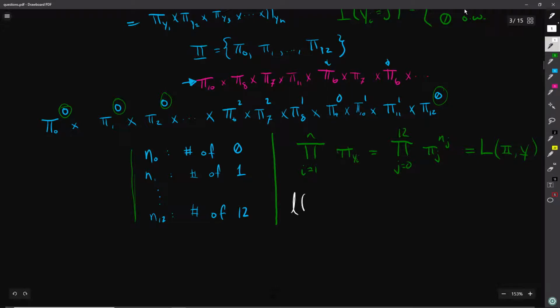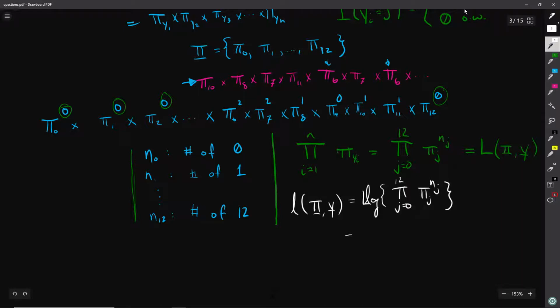Okay, and from here, the next step, as is usually the case, is to write down our log likelihood. So we want the log likelihood, still given the parameters, and that's going to be the log of our likelihood, which here we just plug in this product from j equals 0 to 12, pi j to the nj.